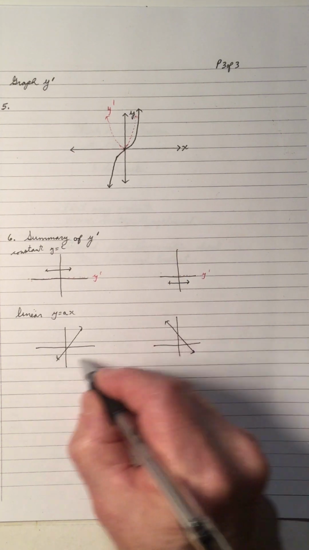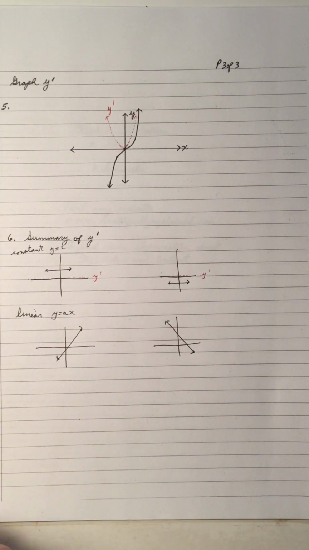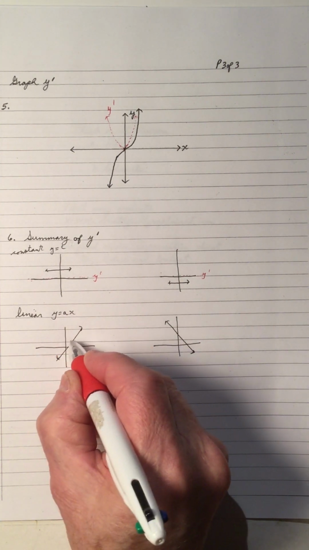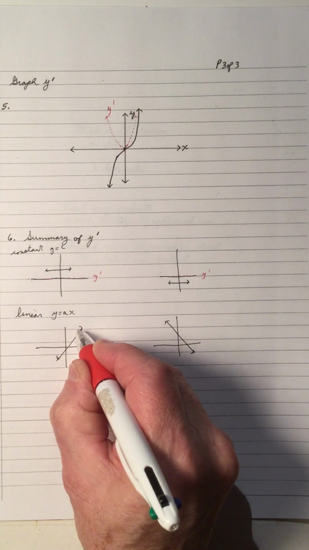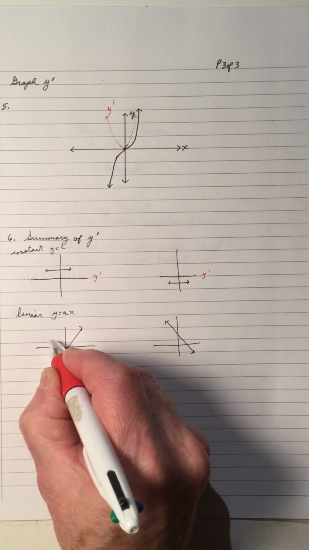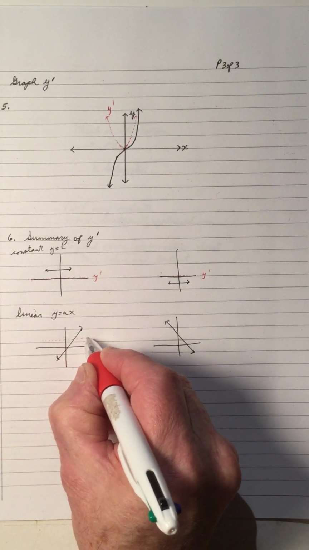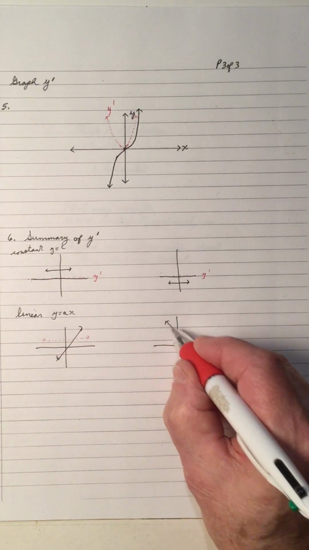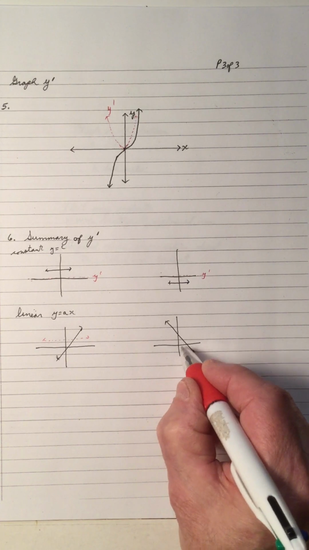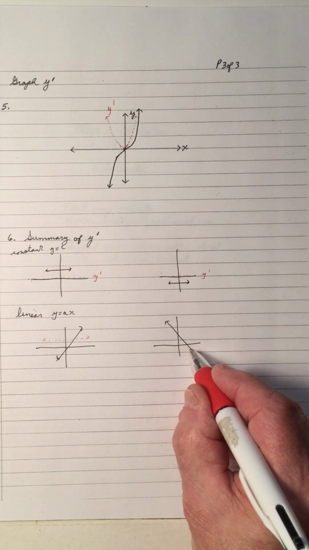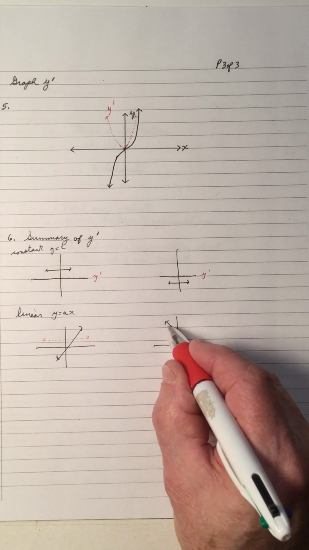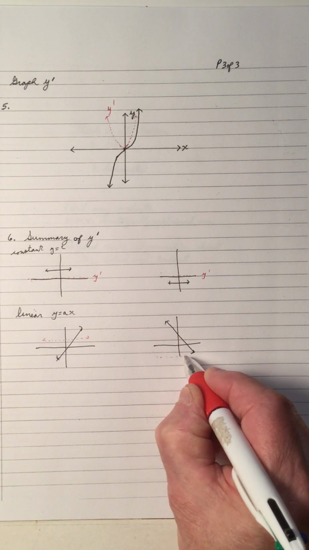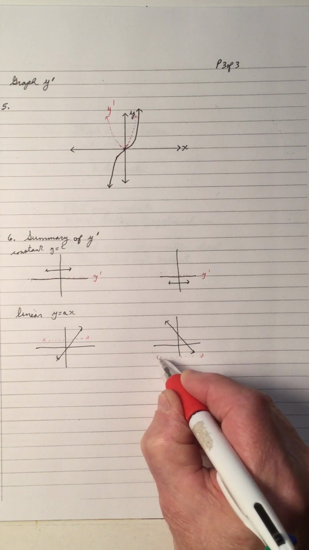So the derivative of a linear is y equals a. Because this is a positive slope, if the slope of this is 2, then this is y equals 2. And if this is a negative slope, let's say the slope is negative 3, y equals negative 3x, its derivative is right here, y equals negative 3.